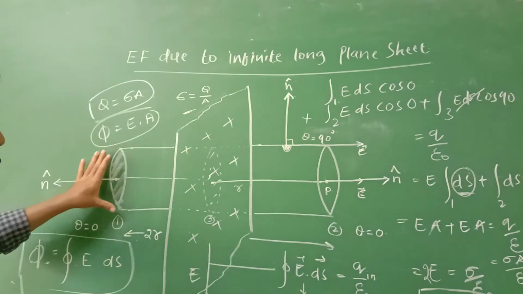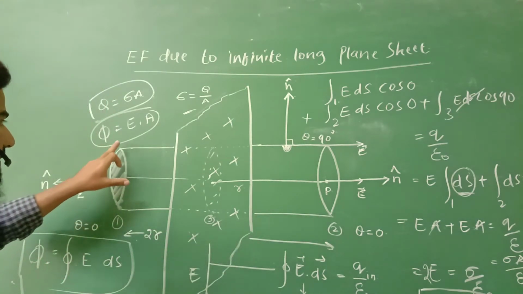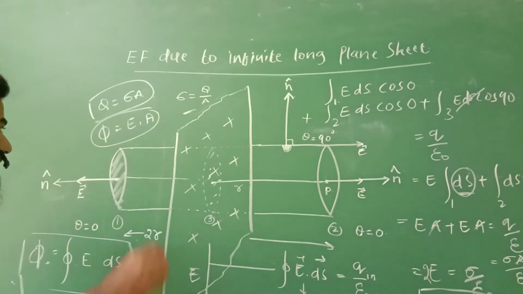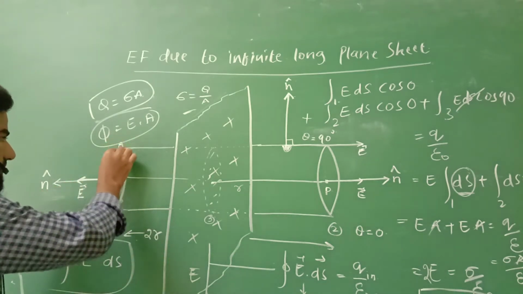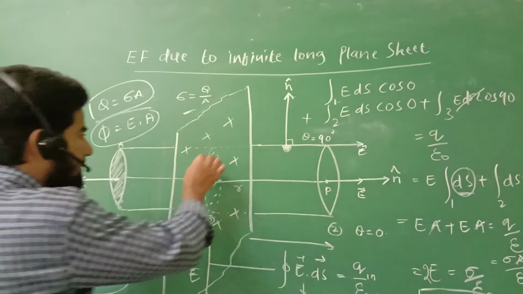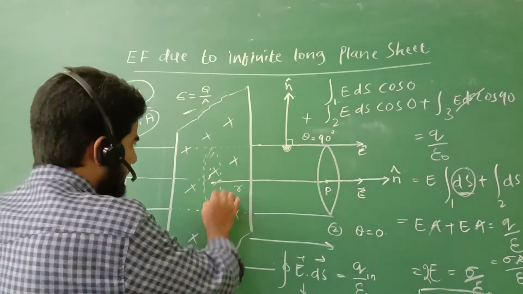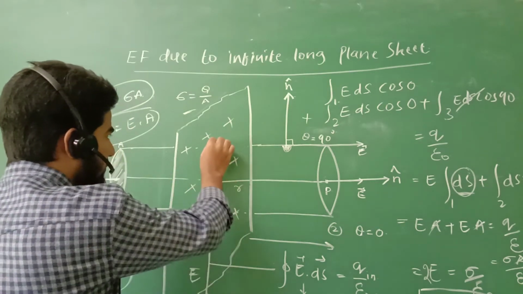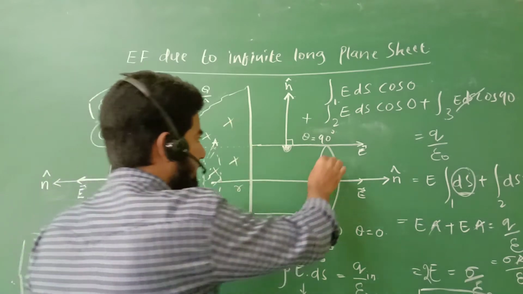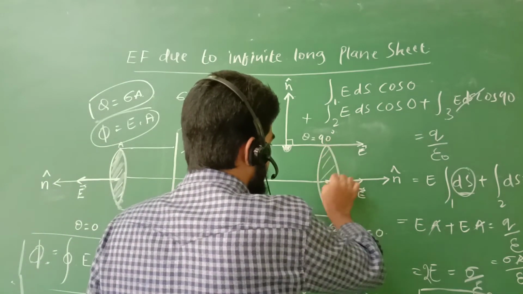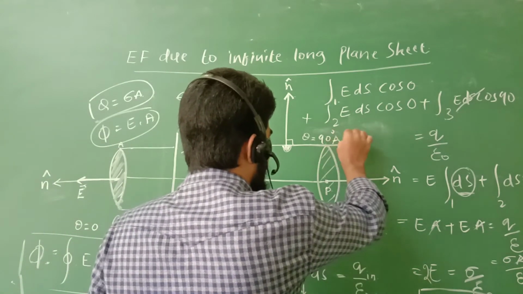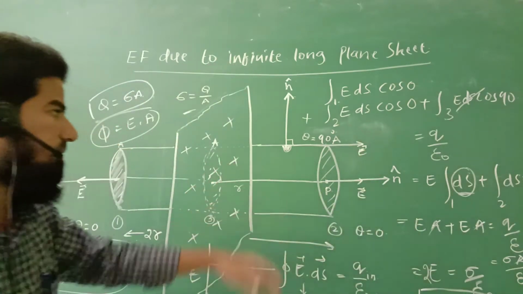The area of this cylinder is A1, this is one area, and this is the inner area. This is also A, and the third one is this area. So three areas are there.